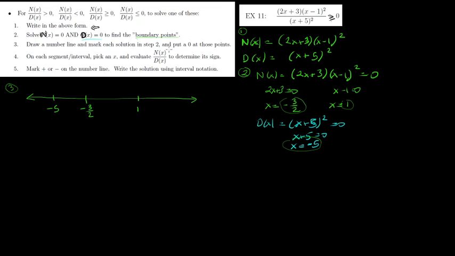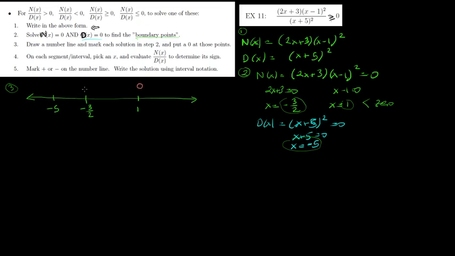All right, so we're going to put a 0 at the points, but be careful, only where the numerator is 0. So that's at 1 and negative 3 over 2. That's where these are equal to 0. Let me use a different color here. Let me use red.